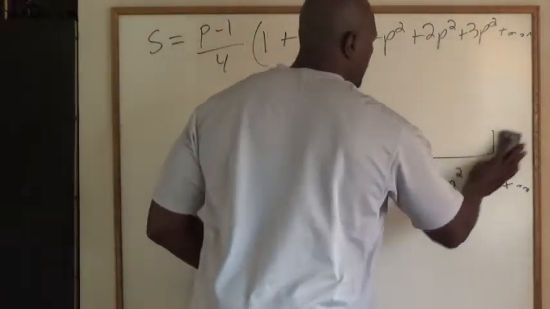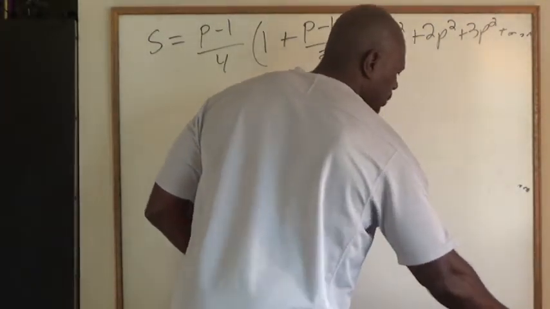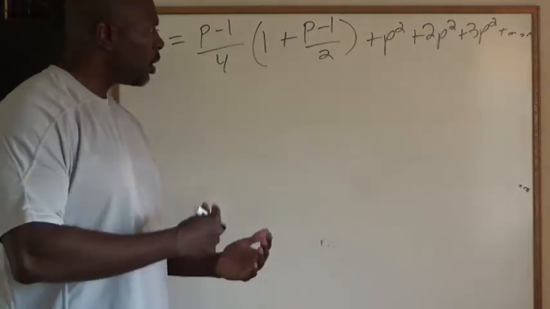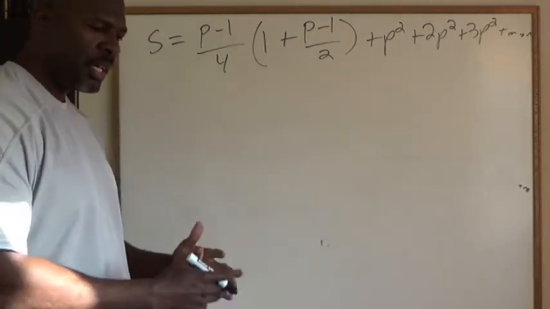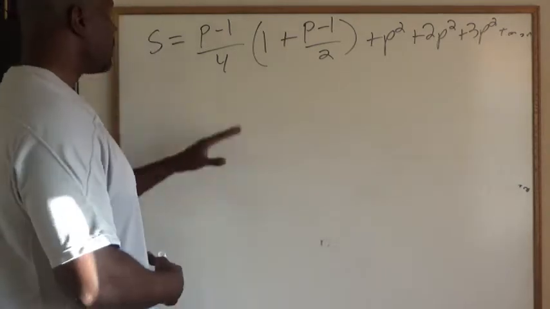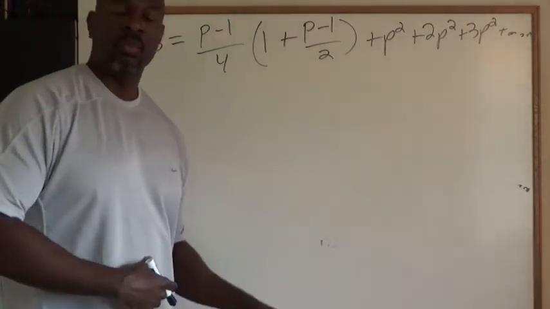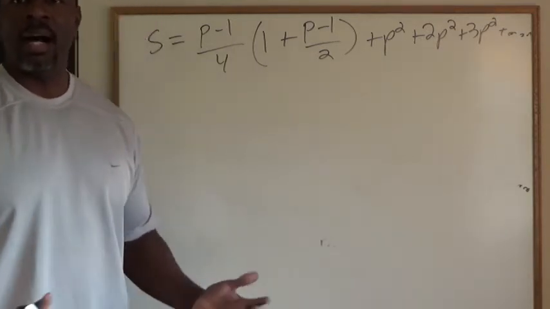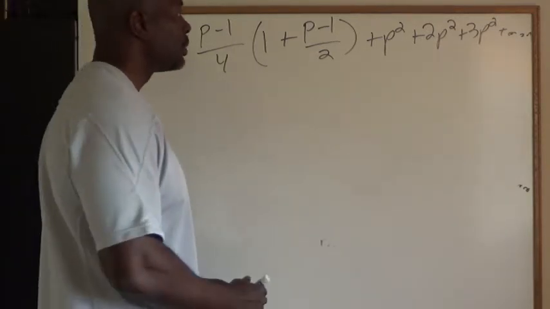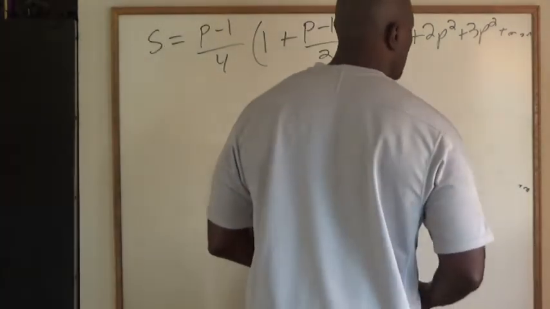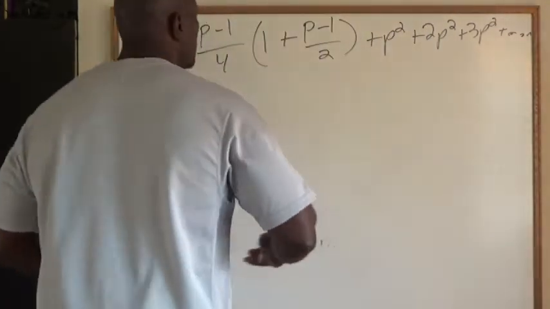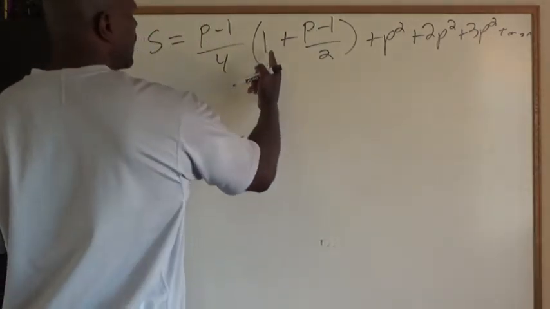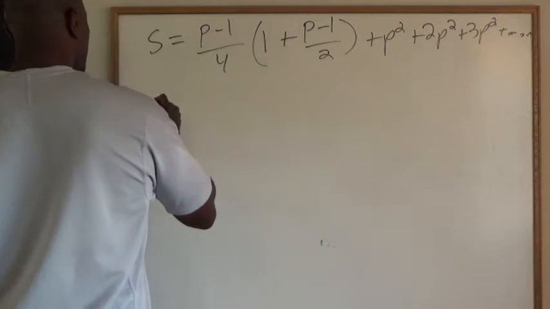And so what we're going to do from here is a little bit of algebra, solve for S, in the hopes of getting -1/8. If we solve for S here and get -1/8, this means we will always get -1/8 regardless of the value of p, where p is any positive odd number. Okay, so let's see what happens here. Let's make these two terms have a common denominator.